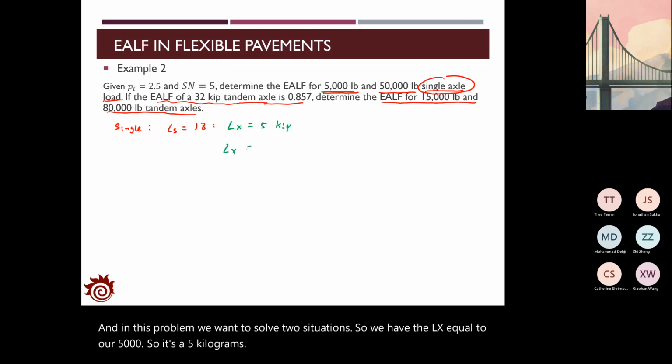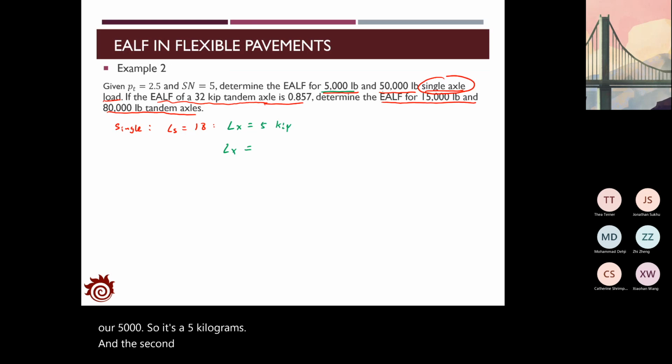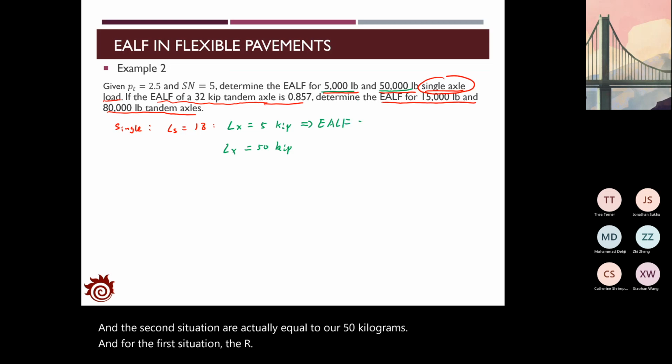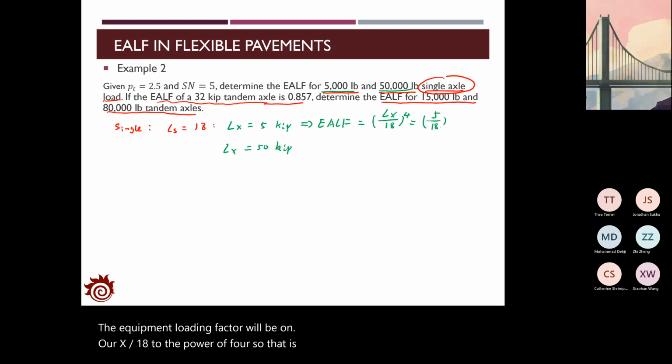Second, LX equal to 50 kilopounds. For the first situation, the equivalent loading factor will be LX divided by 18 to the power of 4. So that is 5 divided by 18, and it gives you the value 0.006.